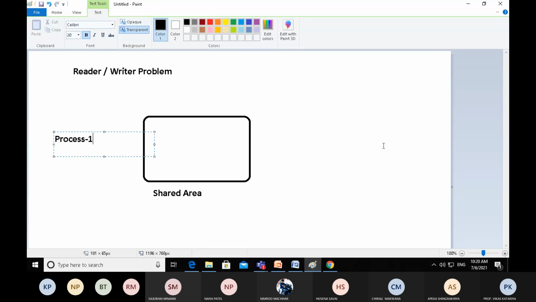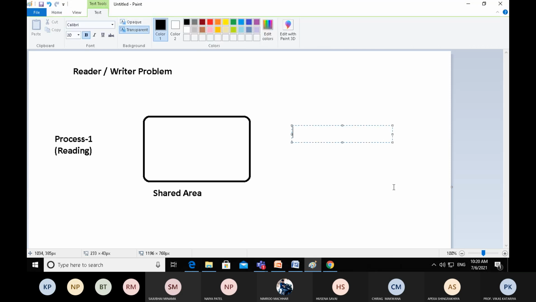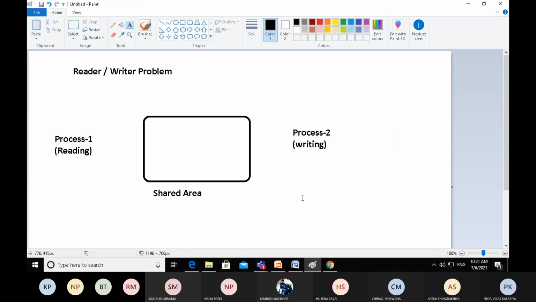Process 1 you can say is a reader process, and there is another process, the writer, which can be considered as process 2, which is used for writing in the shared area. So you can say it is a writing process.